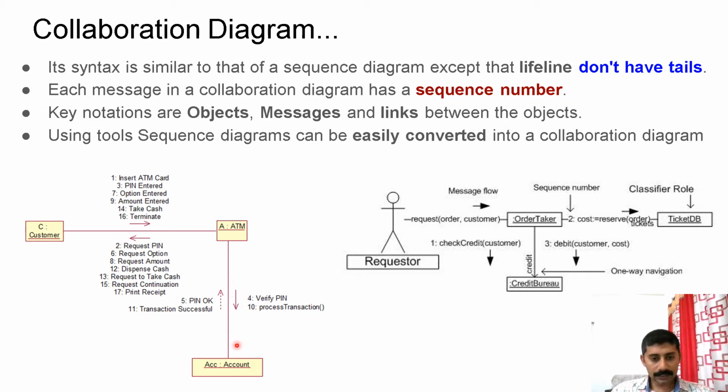Then message number 2, request pin: the ATM is requesting the pin from the user. Now message number 3, pin entered. Like that, communication is represented. So objects are connected with links and there are messages. Each message is numbered. This is the way to represent a collaboration diagram.